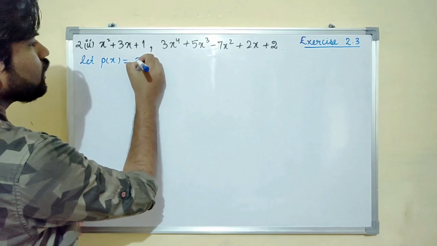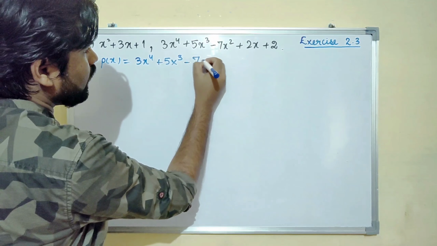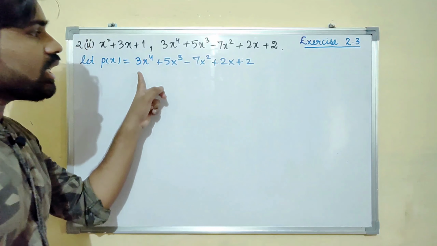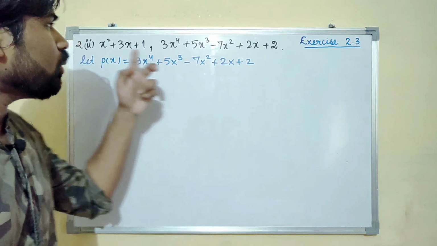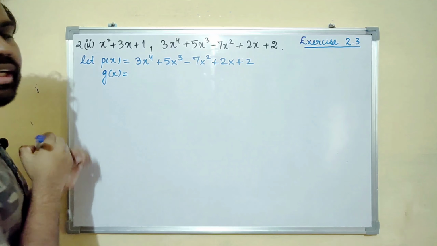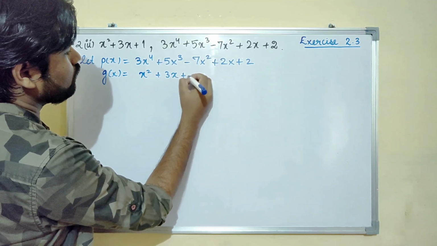Now p(x) is equal to 3x to the power 4 plus 5x cube minus 7x square plus 2x plus 2. Now notice that it is in the standard form. Okay, now let us write the divisor also. Let g(x) be equal to x square plus 3x plus 1.